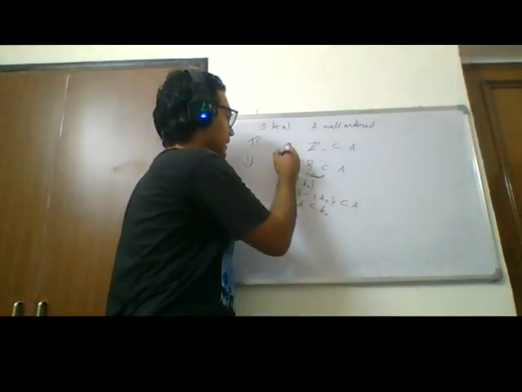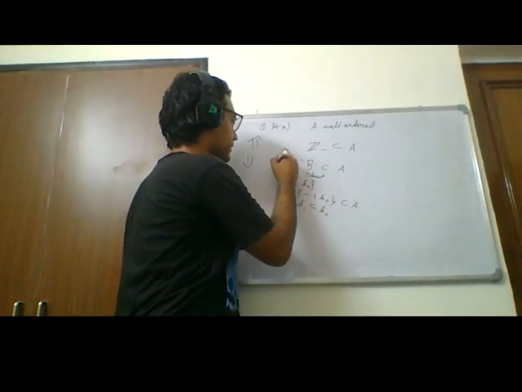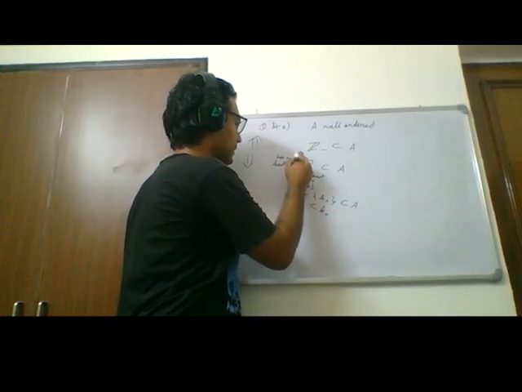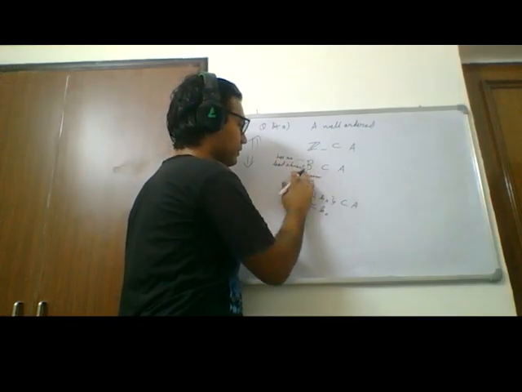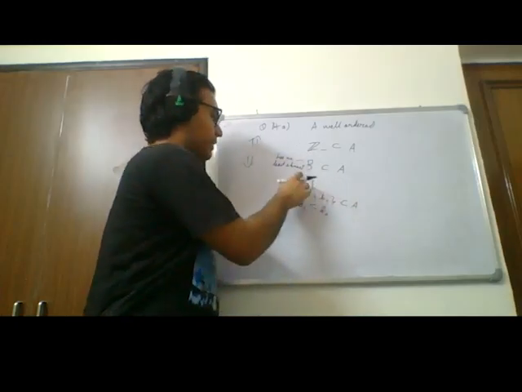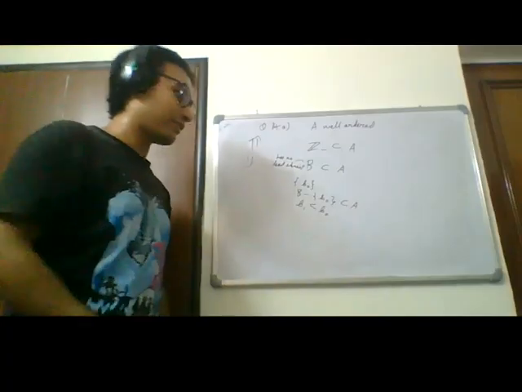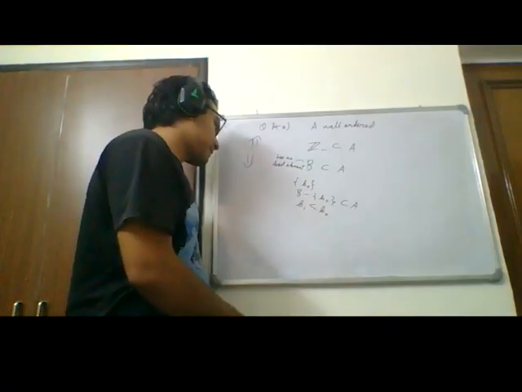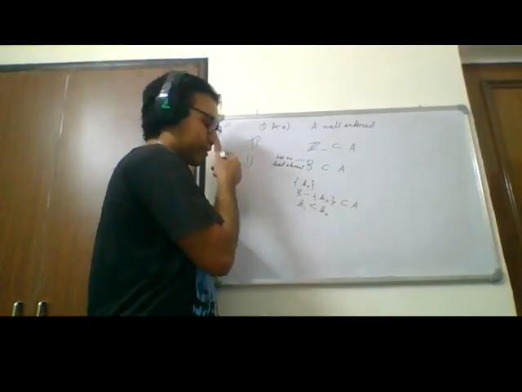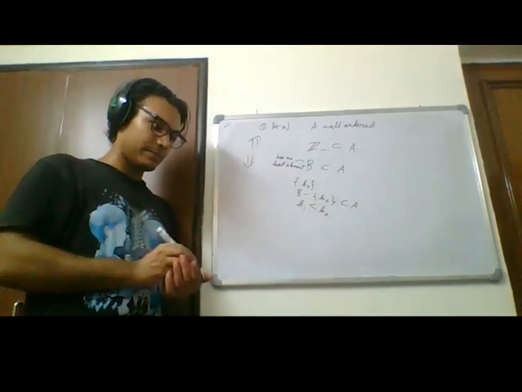This has no least element. So B naught is an arbitrary member, but there exists a B1 less than B naught because B naught is not the smallest member. So we choose that. Is it arbitrary? Possibly.